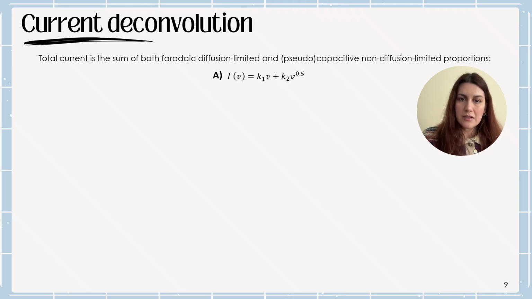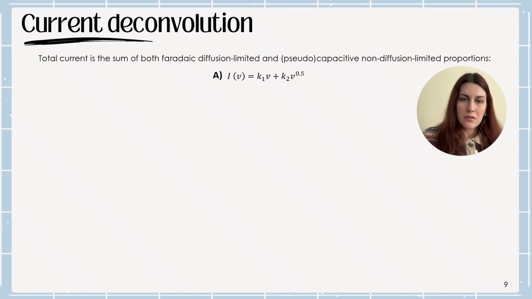This is based on the fact that Faraday diffusion limited current scales with the square root of the scan rate, whereas the pseudocapacitive non-diffusion limited current scales linearly with the scan rate. By plotting the current divided by the square root of the scan rate versus the square root of the scan rate, a curve is acquired, and by applying a linear fit, as we saw in the previous slide with the Randles-Sevcik plot, the slope k1 and intercept k2 can be calculated, and consequently the relative current proportions at a specific potential.